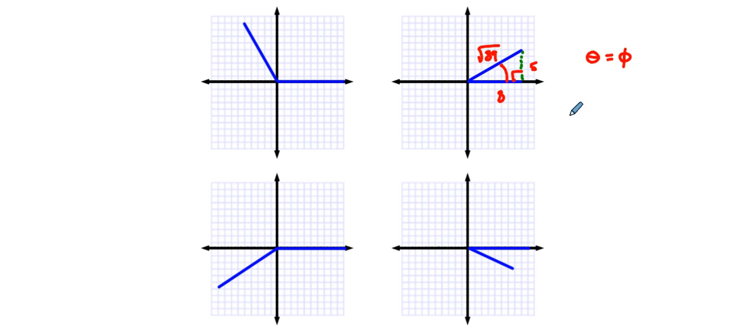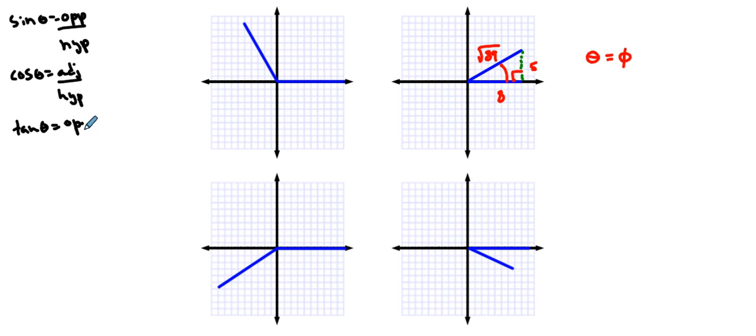Now we know that sine theta is equal to opposite over hypotenuse. We know that cosine of theta is adjacent over hypotenuse. And we know that tan theta is equal to opposite over adjacent.